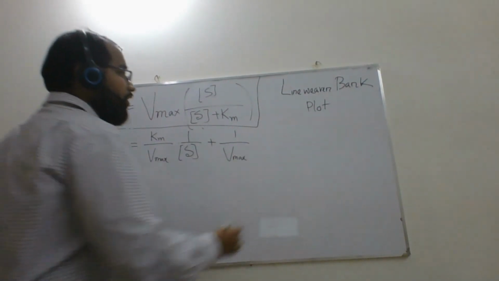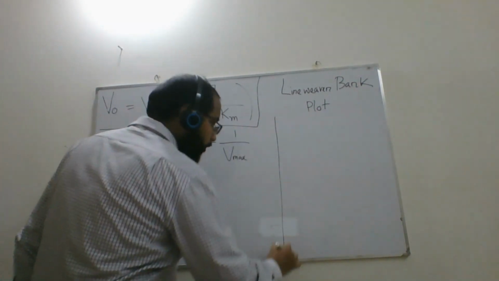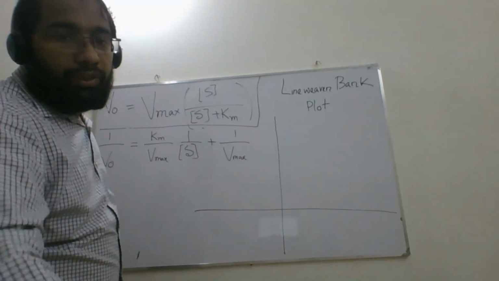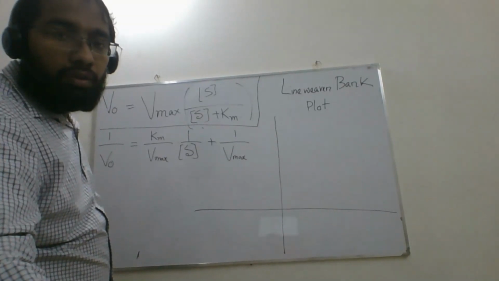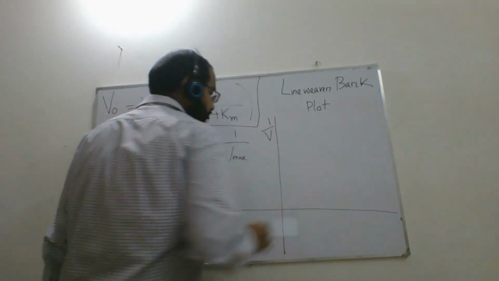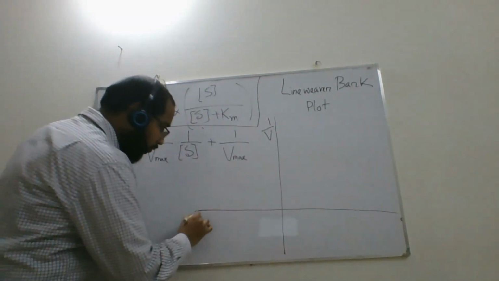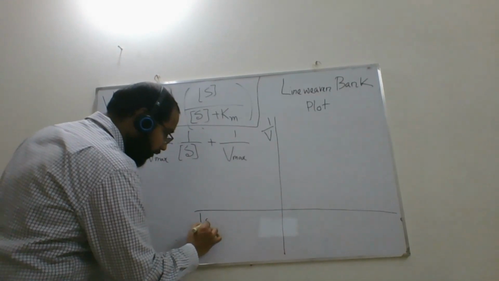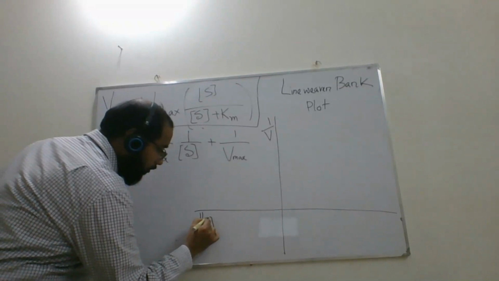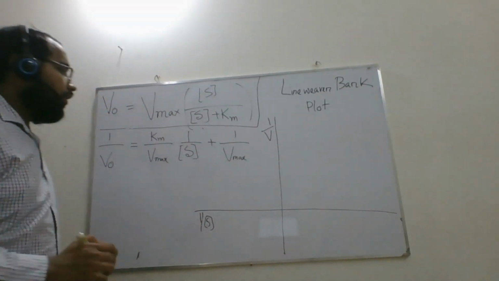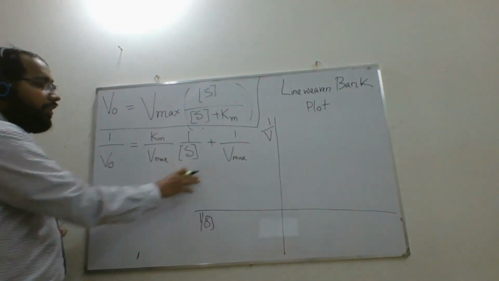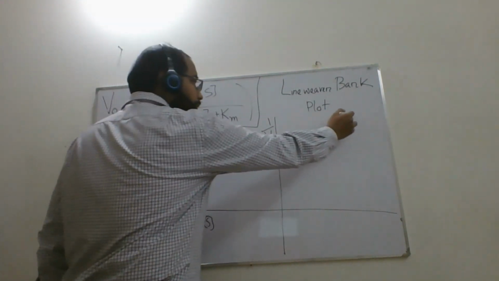Now if we plot this equation, if this is our x and y axis, where we put 1 by v in this direction and 1 by s in this direction, so if we plot 1 by v against 1 by s, then according to this equation we will get a plot like that.